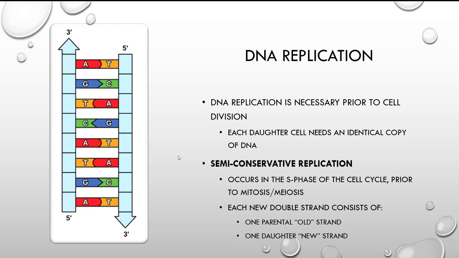Again, we'll go into that later on. You don't need to know about it right this second. So we call this semi-conservative replication, where at the end each DNA molecule has its double strand, with one strand old and one strand new.